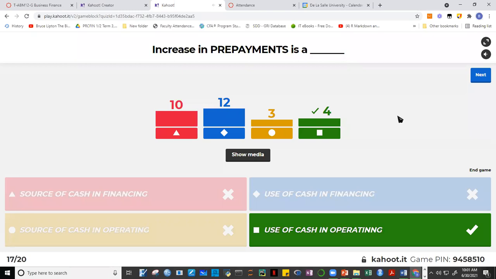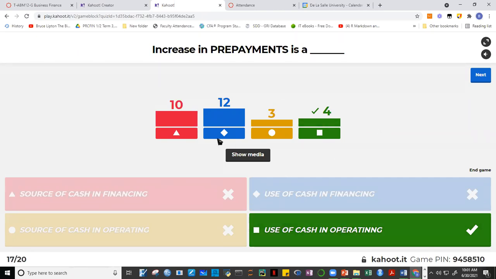Example, prepaid rent, prepaid insurance. Mga prepayments, guys, these are assets na binayad in advance and it has not been utilized, it has not been used, no? Kunyari, prepaid rent. So, a prepayment is an advance payment. So, it's a use of cash and it will fall under operating activities. So, yun yung prepayment natin.